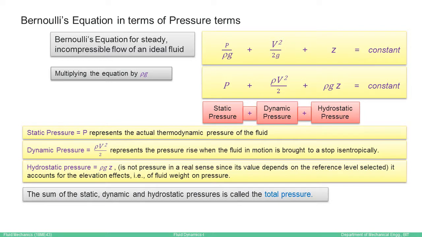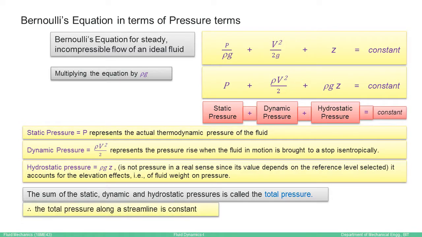Now the sum of all these three pressure terms, that is static pressure, dynamic pressure, and hydrostatic pressure, is called total pressure. And hence Bernoulli's equation implies that the total pressure along a streamline is constant, as you can look at the equation.